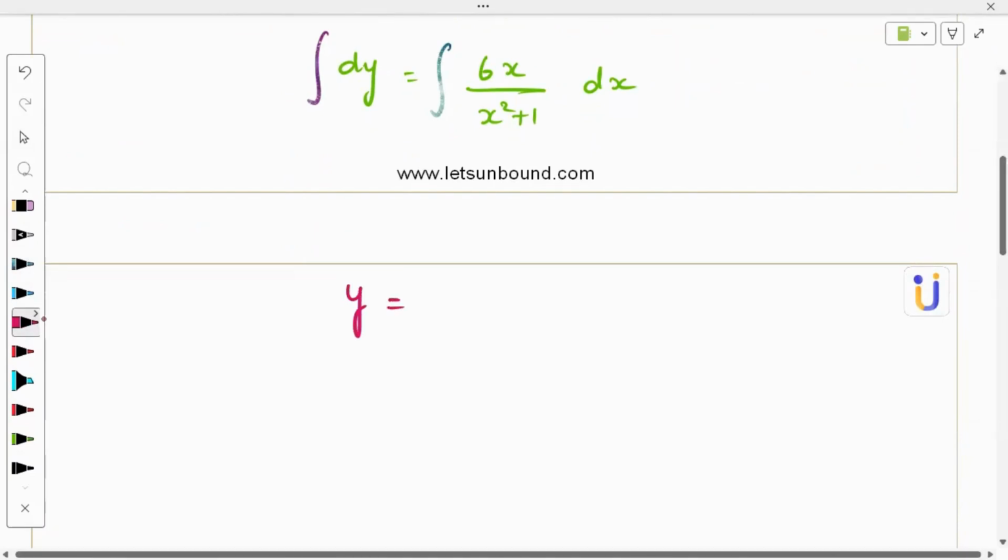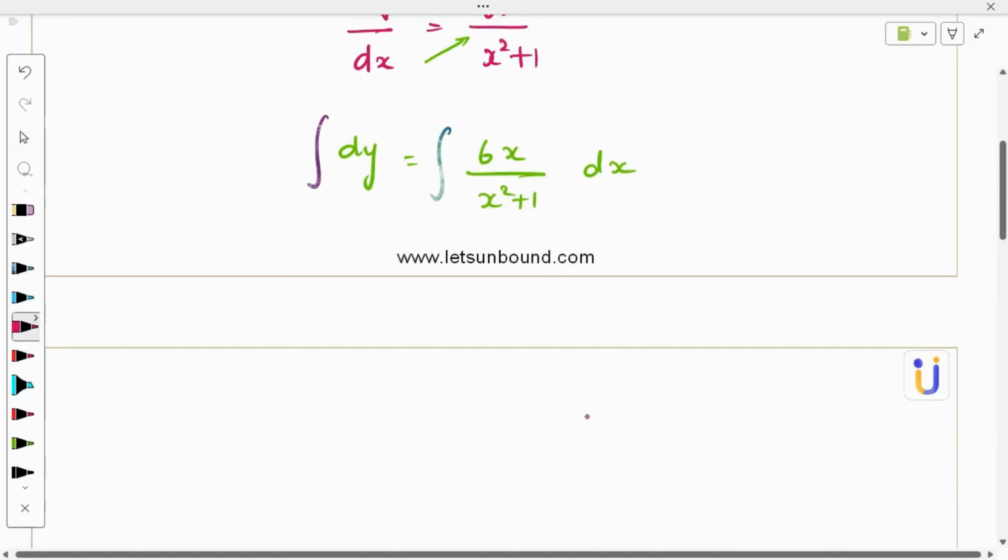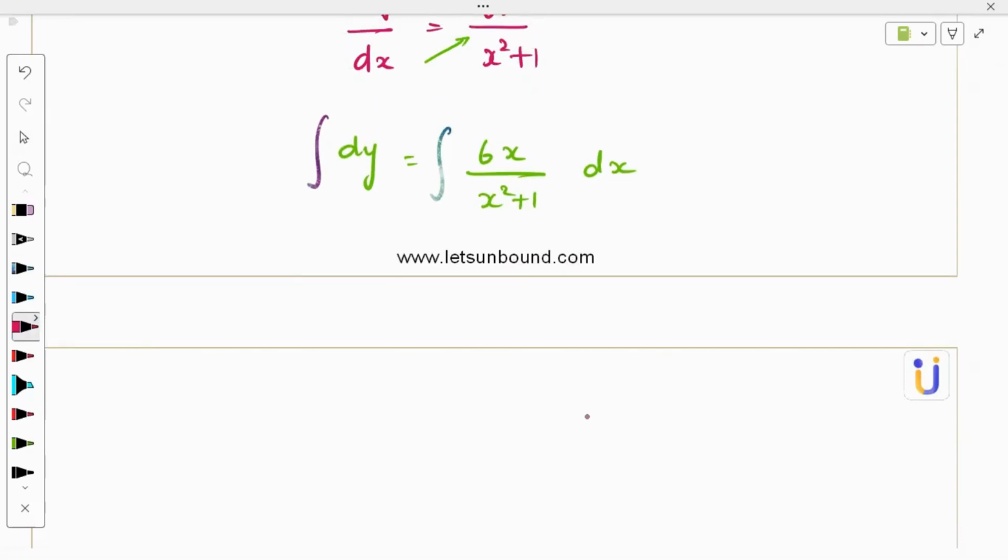Okay, so this right side is a little complicated. It's not a direct formula, but when we differentiate x square plus 1, we can get the numerator part. So let's apply the first technique, the substitution method. The denominator is the problem.